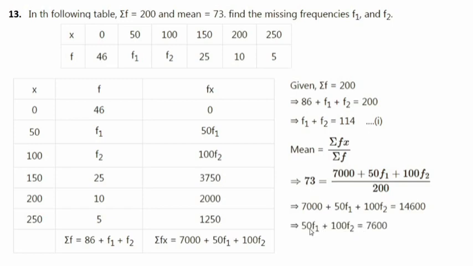Now if you divide both sides by 50, when you divide 100 by 50 you get 2, and when you divide 7,600 by 50 you get 152, and this becomes my equation number 2. Your job is to solve equations 1 and 2 by yourself using the simultaneous equation method, and you will get the values of f1 and f2, which is what the question is asking you to find. You may pause the video and note down the solution.